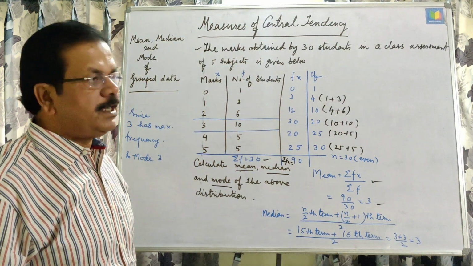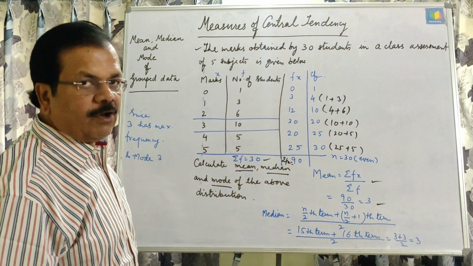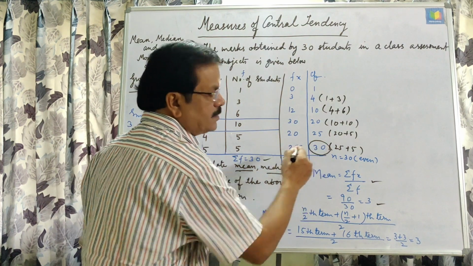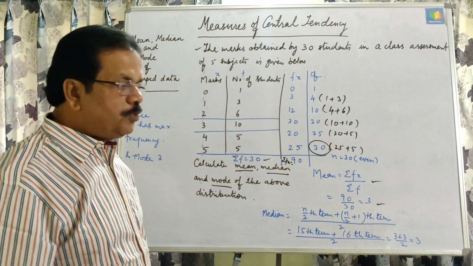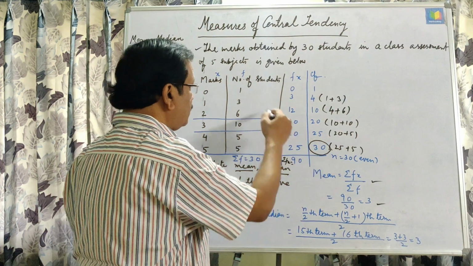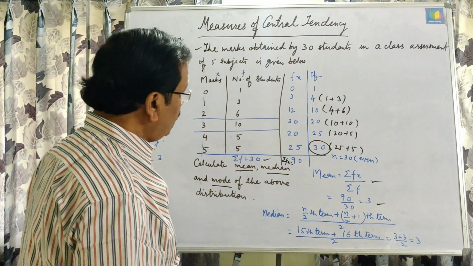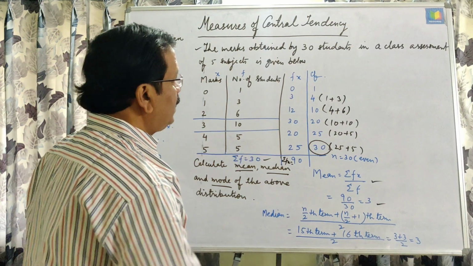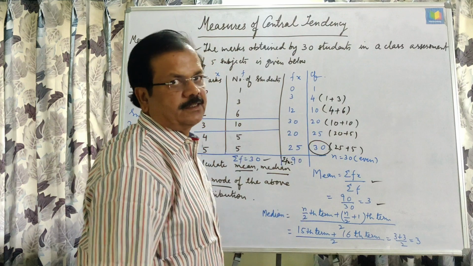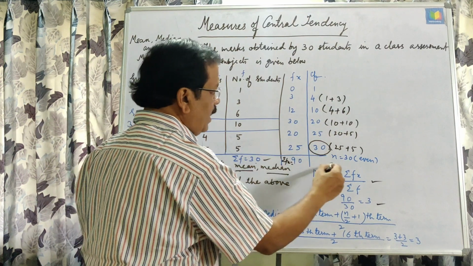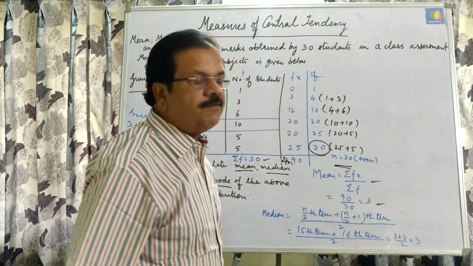This is the cumulative frequency, and we already discussed that whatever value comes at last should be the same as the summation of the frequency, and only then can we understand that our calculation is correct. And we can see this is 30, this is 30, and this 30 is even.